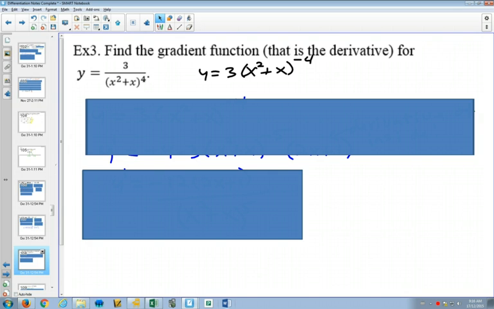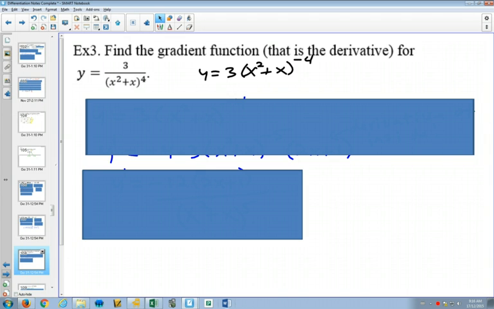If they're positive exponents, we can move that up to the top and make it a negative exponent, which will allow us to do things faster. This could be done as a quotient rule with a chain rule, okay? But it's going to be easier if we do it just as a chain rule. But I'll show you what it looks like as a quotient rule and a chain rule right after.